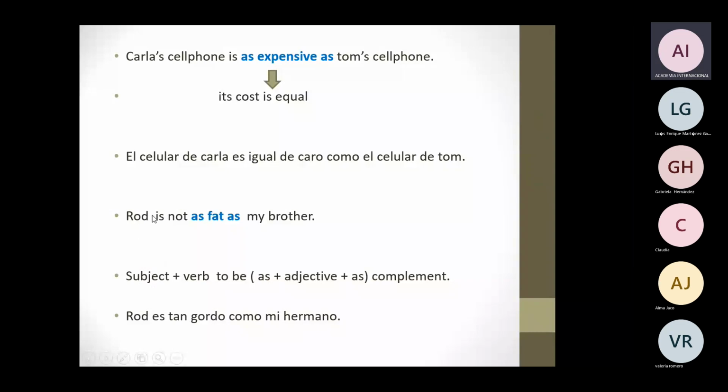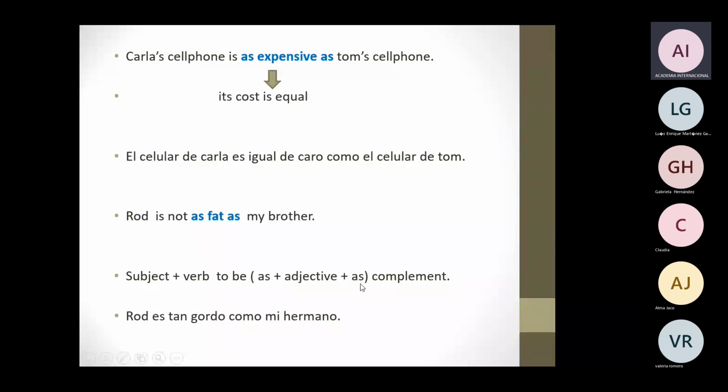So it can be a personal pronoun as well, because I can say he is not, or I can use the proper name. Puedo usar el nombre propio. Then I have to use the verb to be, and after the verb to be, we can use this structure.